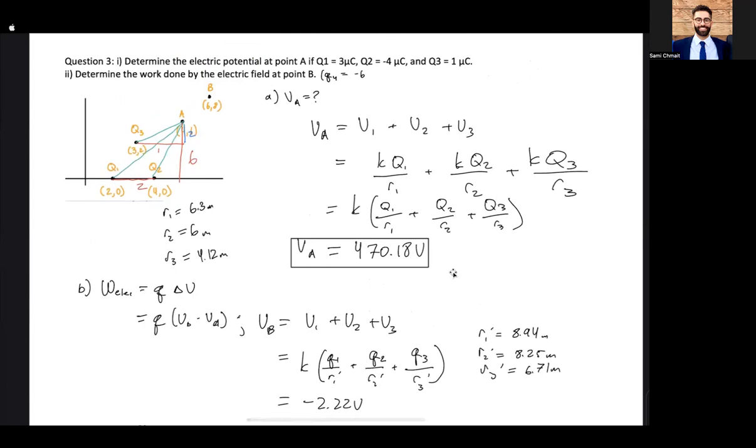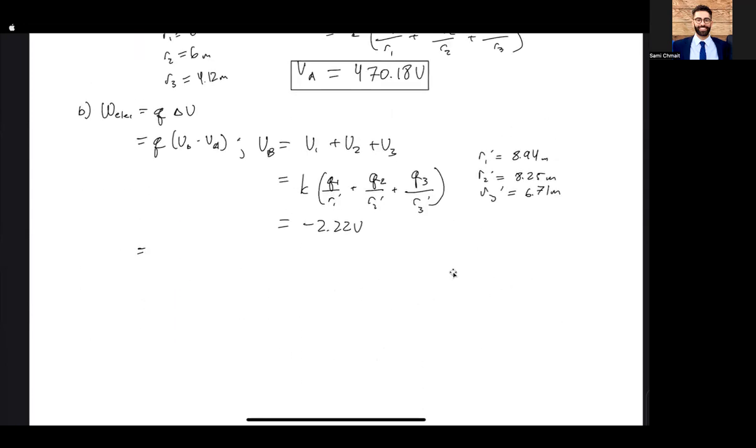There's a minus 6 microcoulomb charge here at Q4. So then Q4 is equal to that minus 2.22 minus 470.18, and this whole thing is equal to 0.0028. What are the units of work?